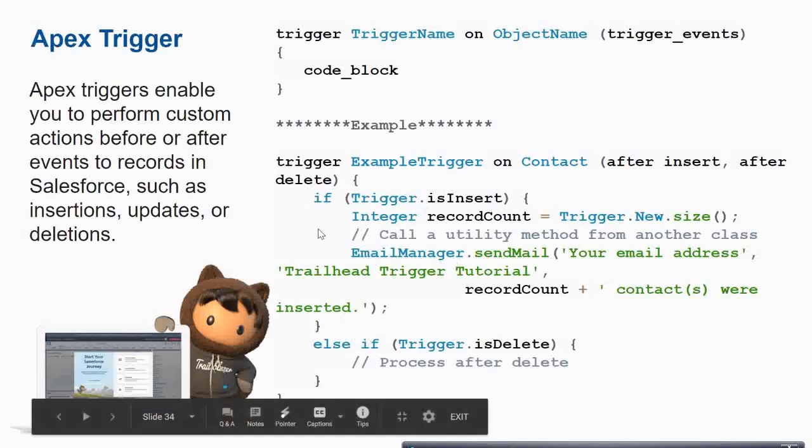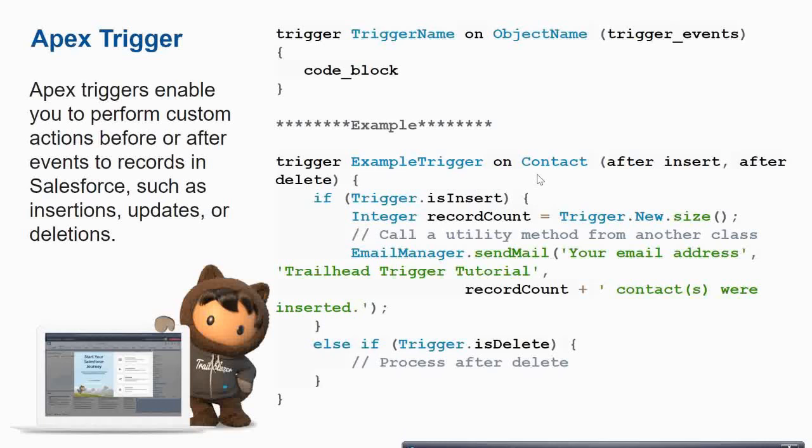But if a record is inserted in the contact object, what will actually happen is the record will get an email. So how does that happen? There is this email manager class. This email manager class has a method called send mail. If you want to have a look inside this Apex class, it's there in Trailhead.